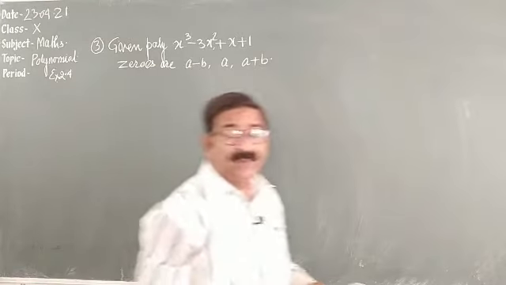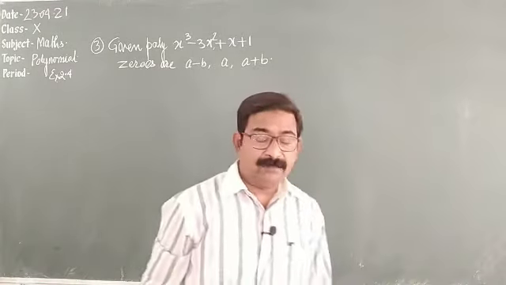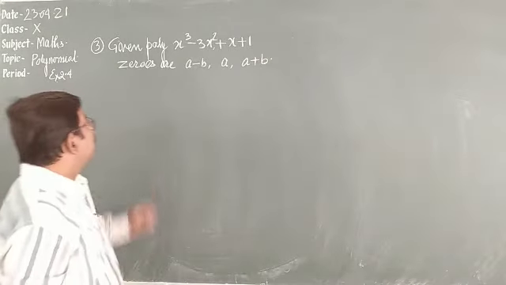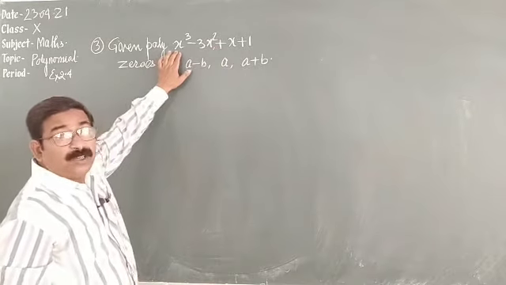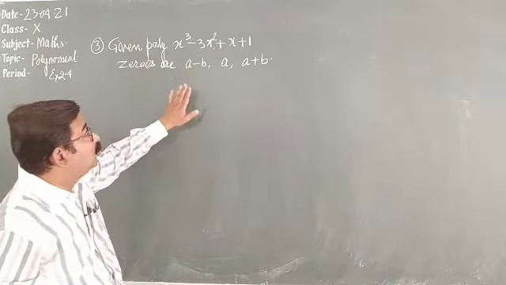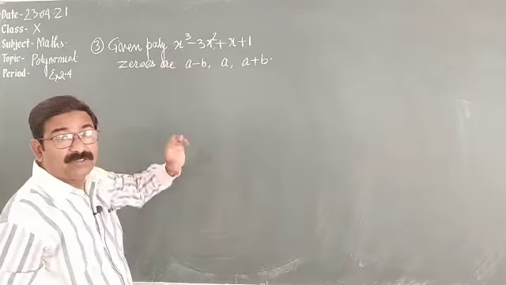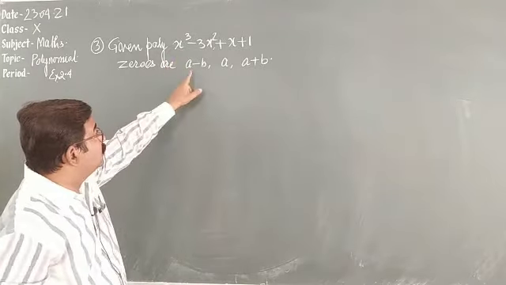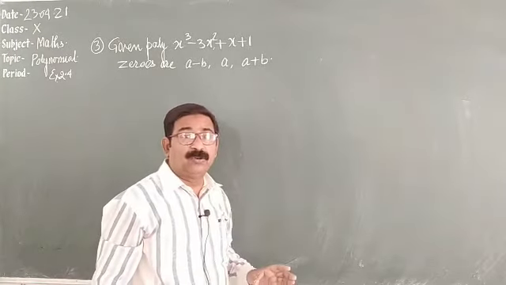So we have to find the value of a and b, right? See, what kind of polynomial is this? This is a cubic polynomial. So its degree is 3, so we must have 3 zeros, and 3 zeros a minus b, a and a plus b are given. So with the help of the criteria we have to find the values of a and b.